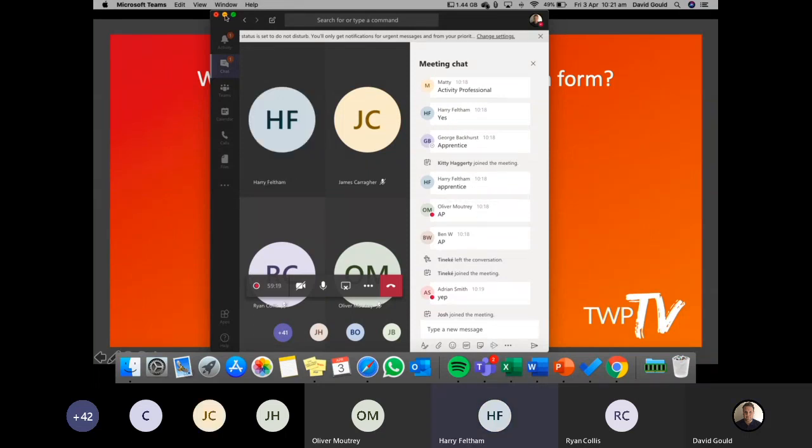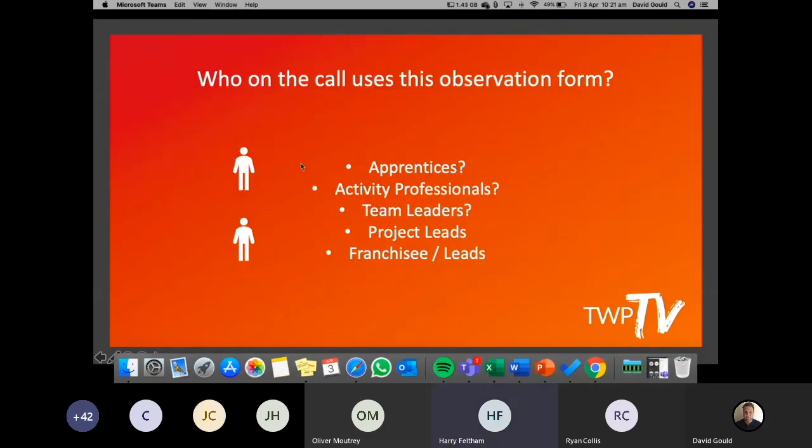I guess we'd use the form to get an idea of what we're being assessed on. Yeah, brilliant. So as an apprentice, how would you do that? How would you look at the form? Have you printed it off? Have you looked at it online? What have you done? Well, when I've been assessed, I've always... Hello, you there?